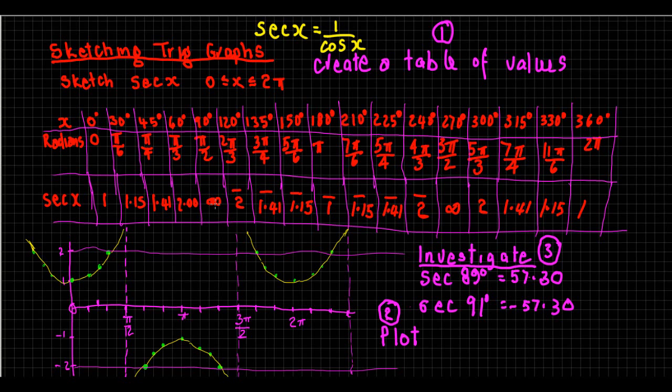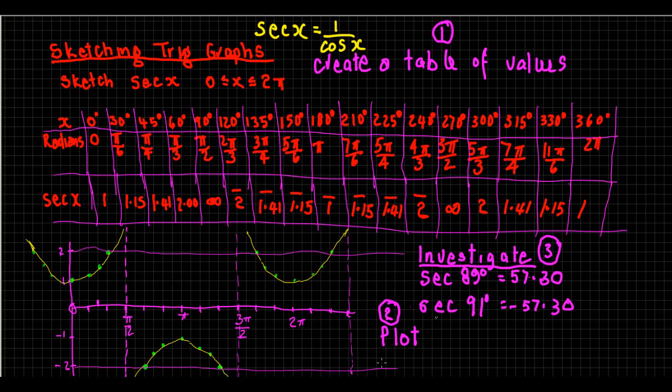This is where you need to do a little bit of investigation, see what's happening either side. So if we look at secant 89 degrees, the graph is getting quite large as it gets closer to 90, large and positive. So there must be some sort of asymptote there.